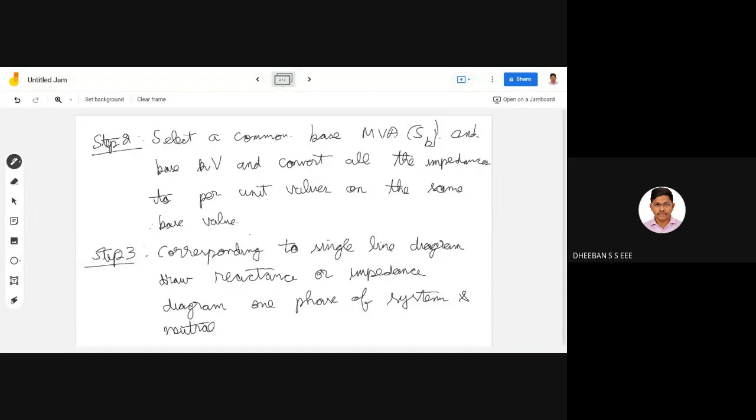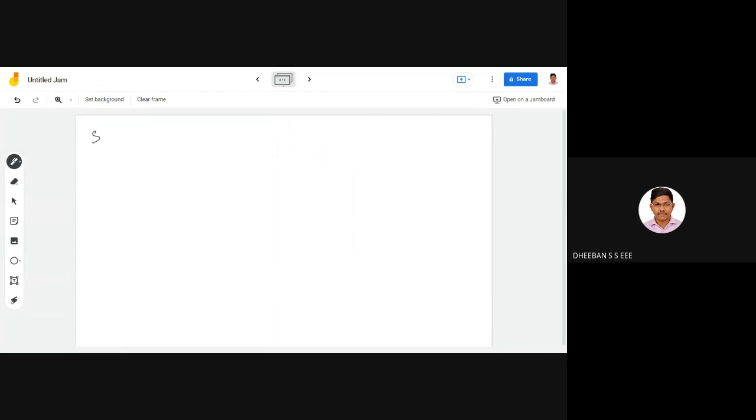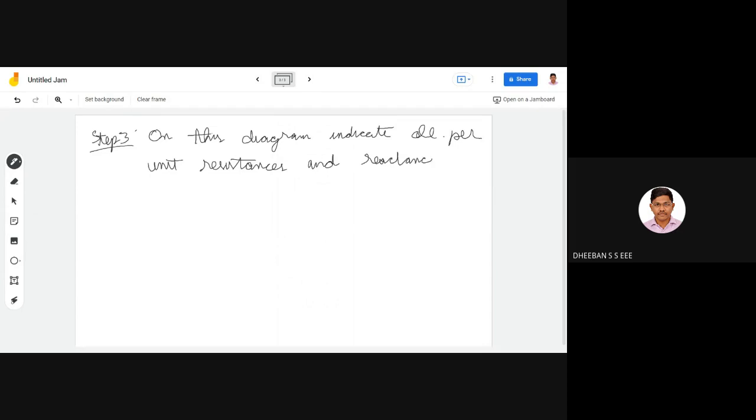Okay, so again step 3, on this diagram indicate all per unit resistances and reactances of the components calculated in step 2.